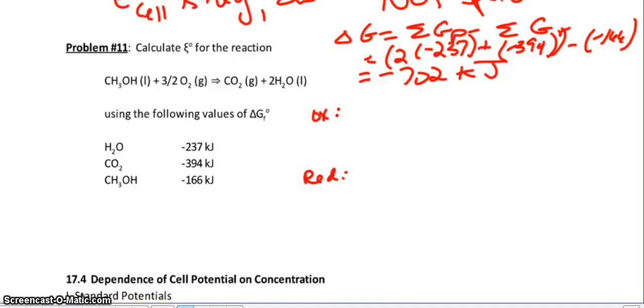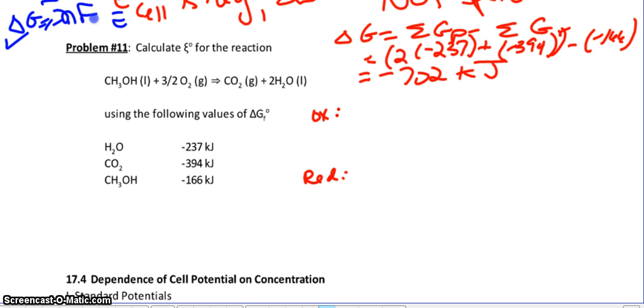Now, if you remember our equation, what's the equation that relates Gibbs free energy and cell potential? Delta G is equal to negative NFE. I have the delta G. I have the F. It's a constant. Negative N, holy cow, NFE.